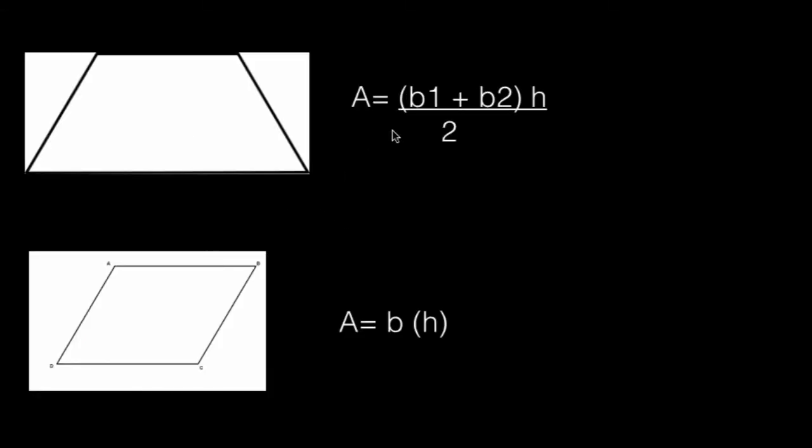Then we have the trapezoid, which formula is base 1 plus base 2 times the height divided by 2. And finally we have the parallelogram, which formula is pretty similar to the one of the square, since it's base times height.